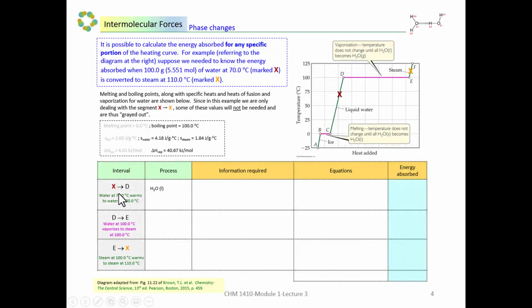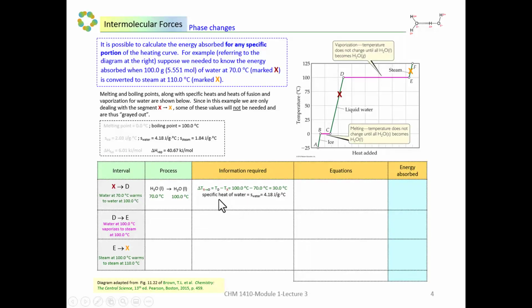So let's go back to the first interval, X to D. This is where liquid water at 70 is simply heated to liquid water at 100. So the temperature change is obviously 30 degrees in this interval.